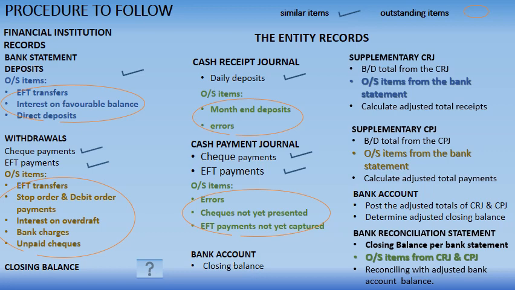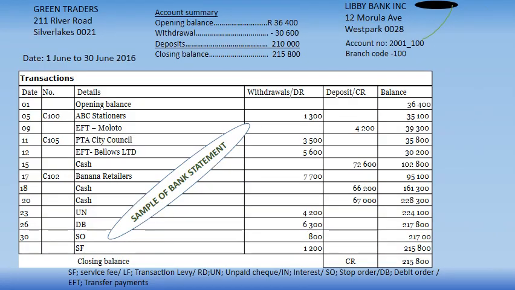Bring all outstanding items from the cash receipt journal and the cash payment journal. Reconcile with the adjusted bank account balance. This is the sample of the bank statement.